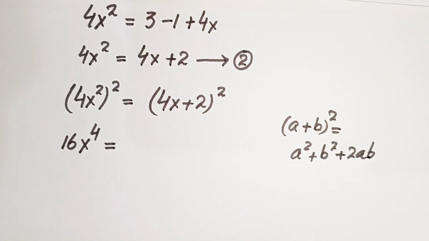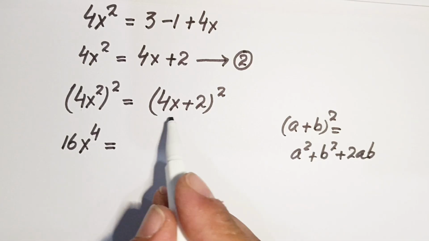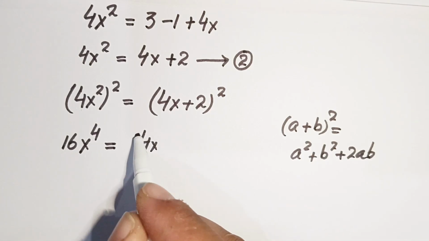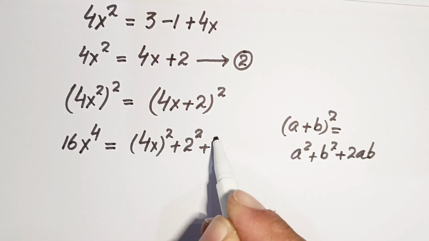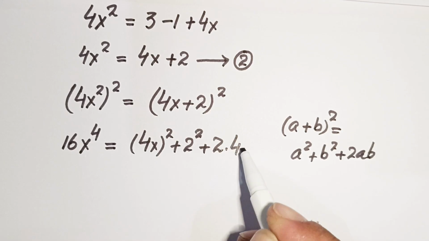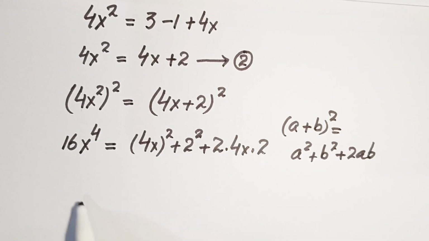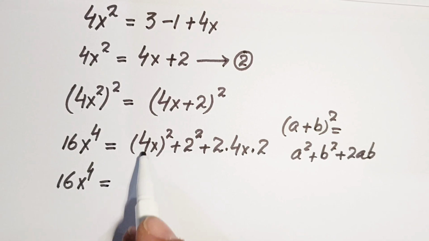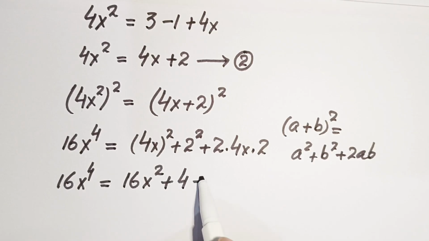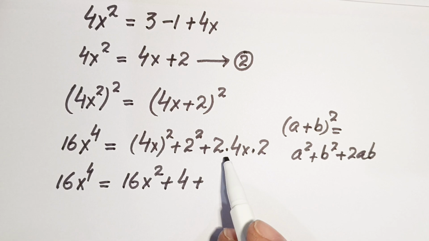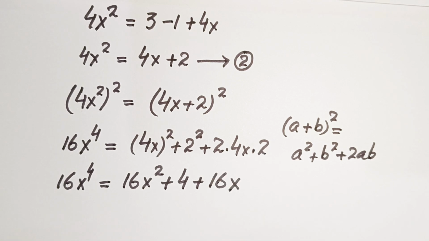So applying this on our right hand side, we have (4x) whole squared plus 2 squared plus 2 times 4x times 2. Here we have 16x to the power 4, which is equal to 16x squared plus 4, and 4 times 2 is 8, times 2 is 16x. This is equal to 16x.